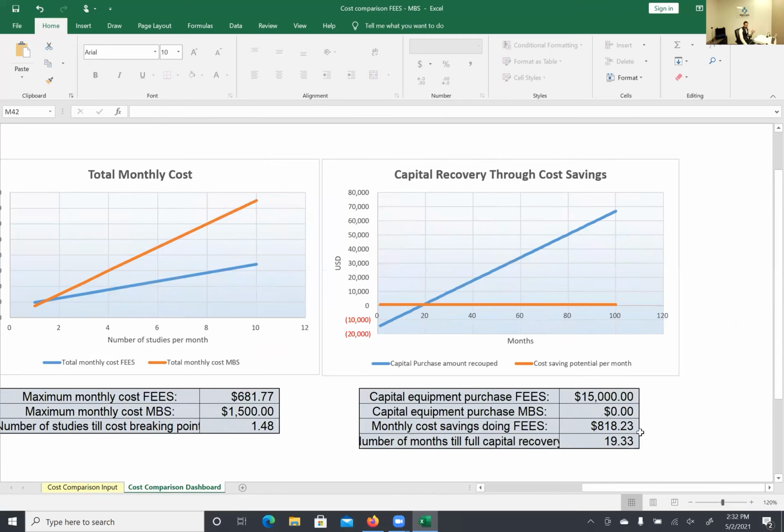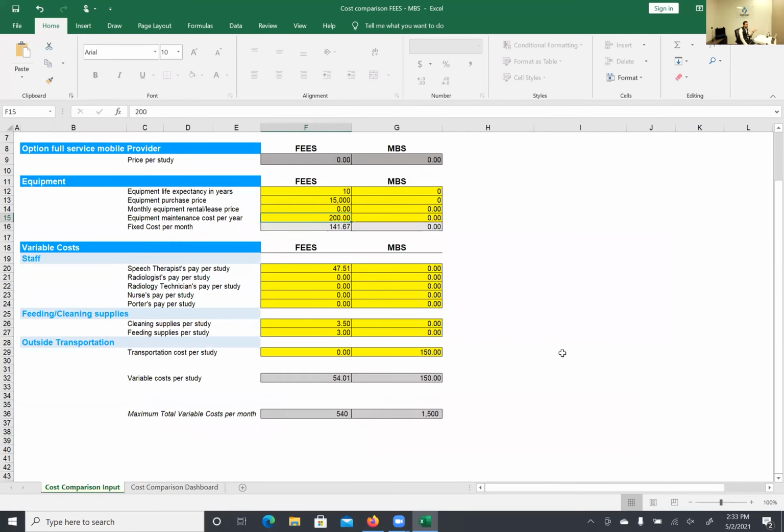So with those numbers right here, if you buy the equipment, it'll take the facility 20 months to pay for it. So you see, if you're in a skilled nursing facility, you use it slightly different. Those are the ways that you can really use this tool for different settings.